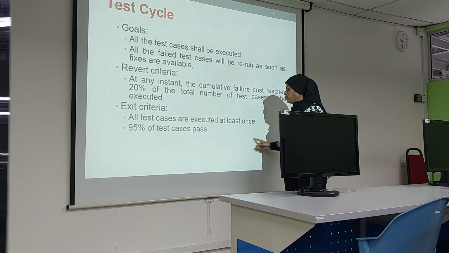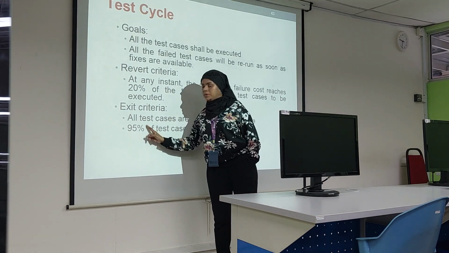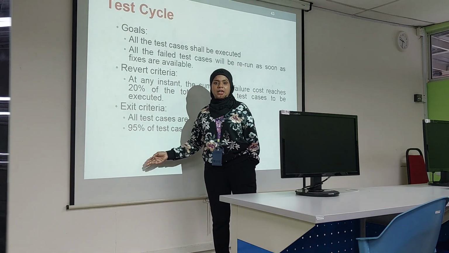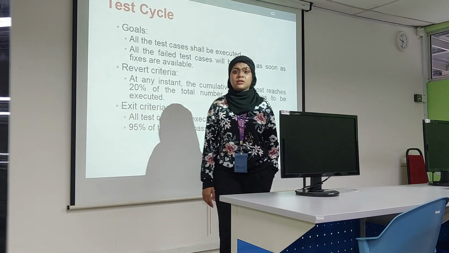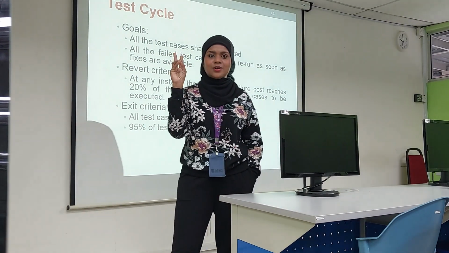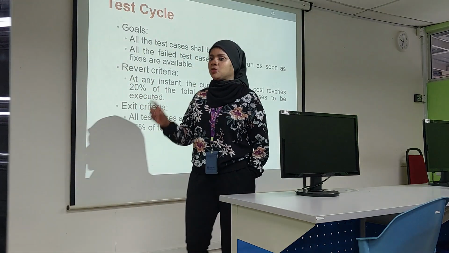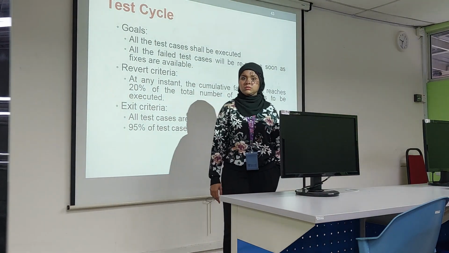And for the completion of one test cycle, this number is not fixed, it depends on you. But don't put it very low. You cannot say 80% pass test cases, which means you have 20% failed test cases. How are you going to deal with that with your client? That's why we give a minimum of 95%.